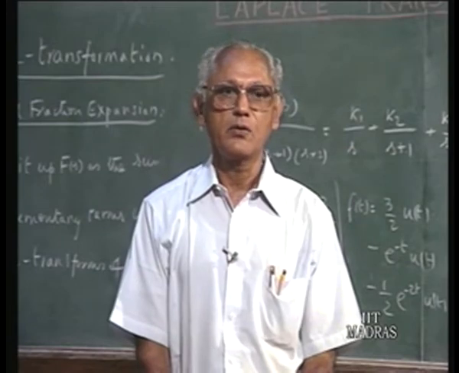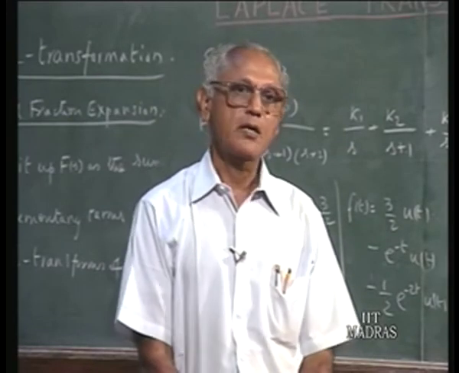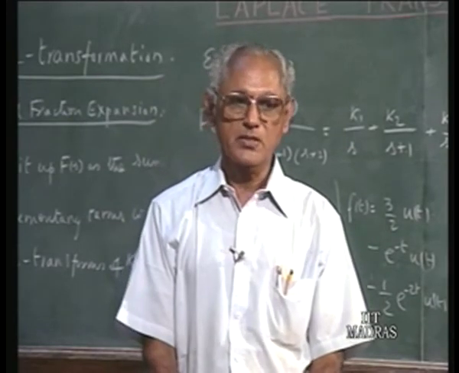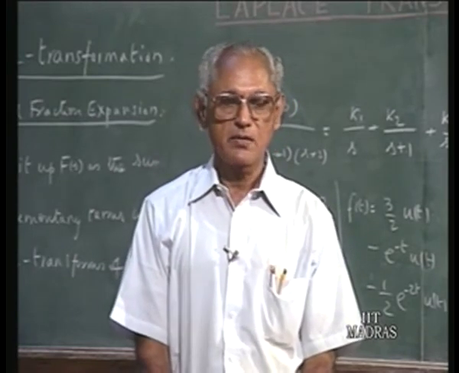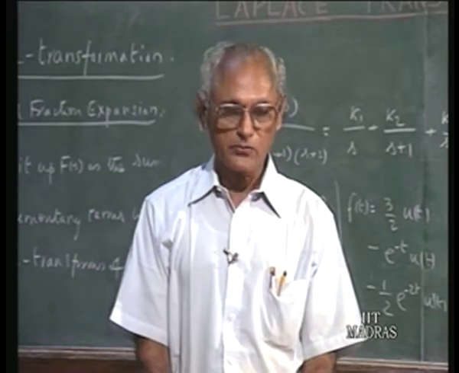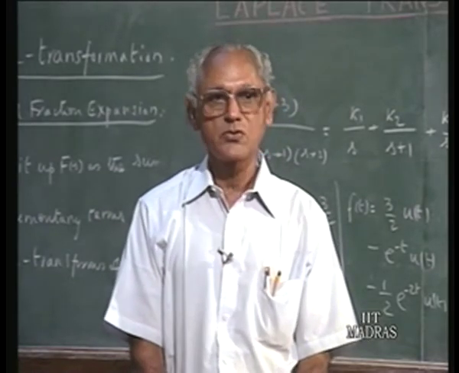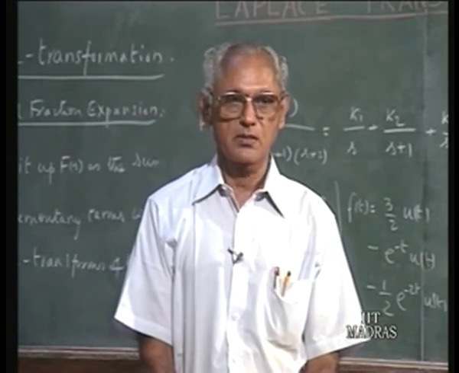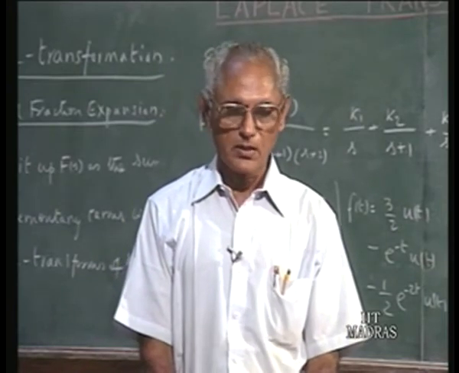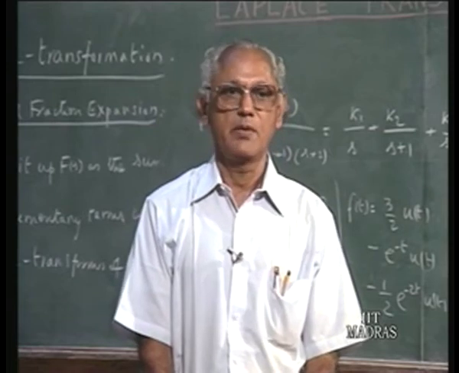We can find the residues of these poles in a very compact way by multiplying P(s) upon Q(s), the rational function, by (s minus si), where si is the pole at which you have to find the residue. Once these residues are found, all the K factors are found, and the inverse Laplace transformation is quite straightforward, and that is what we have illustrated by means of an example.